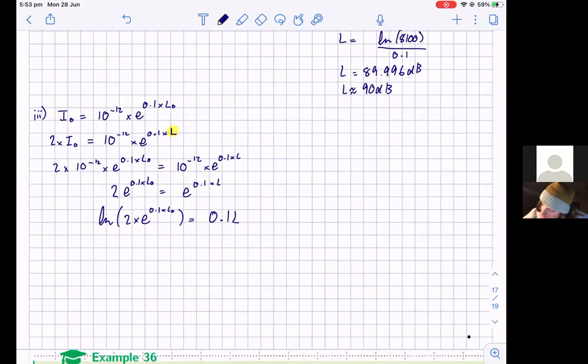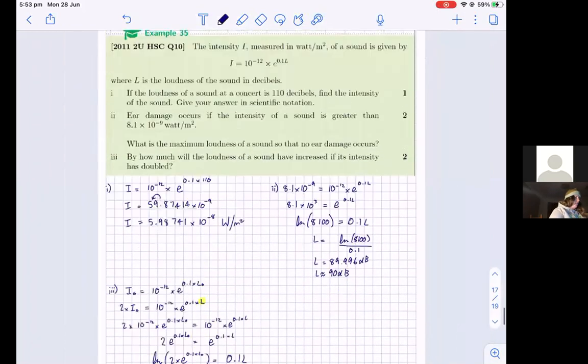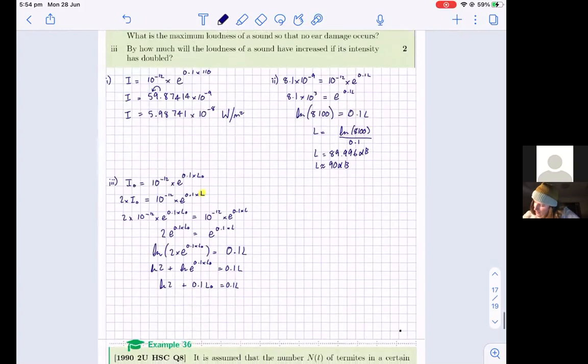Whatever, I'll keep going. ln 2 plus ln e to the 0.1 times L naught equals 0.1 L. ln 2 plus 0.1 L naught equals 0.1 L. Yeah, I've just really confused myself. Nope, I'm on the right track.